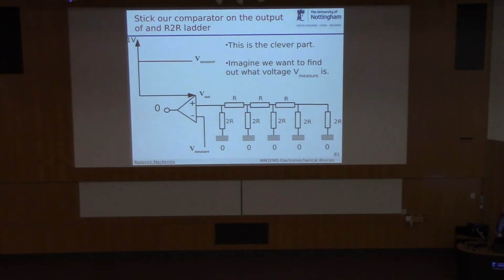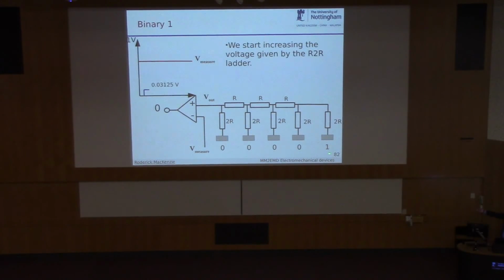So we can stick a comparator on the output of our R-2R ladder. Imagine we want to measure this voltage here, a voltage from a battery or something, with a voltmeter. We firstly apply 1 to this pin, and we get this voltage here.